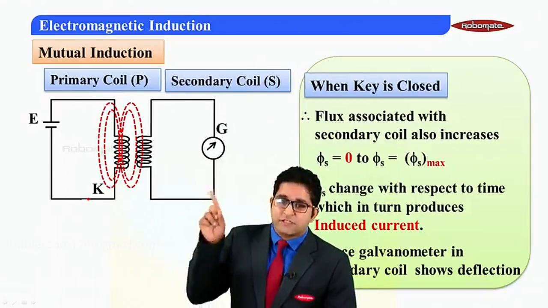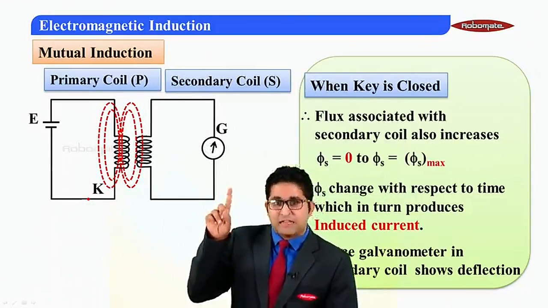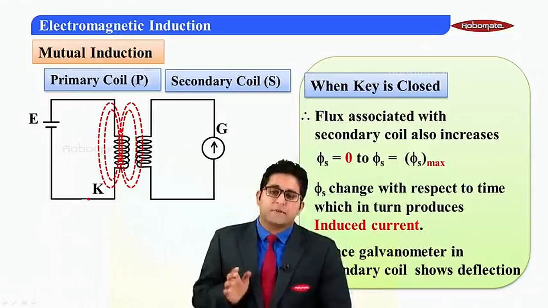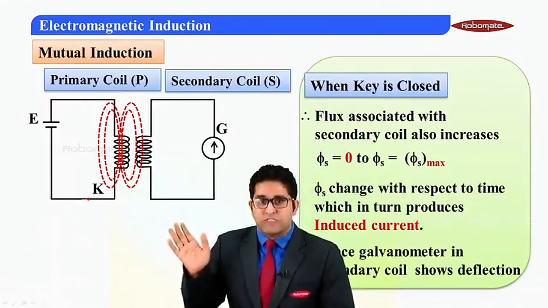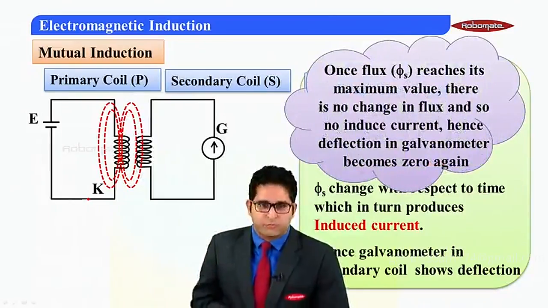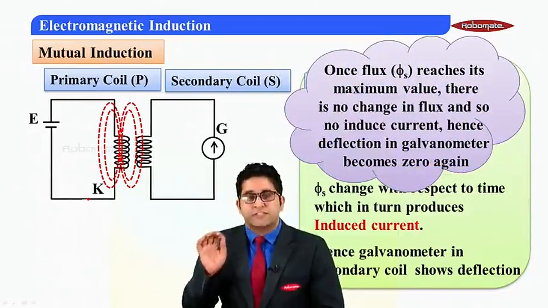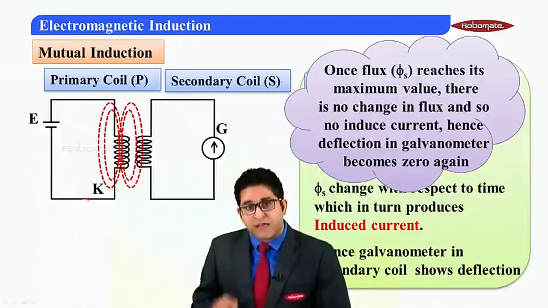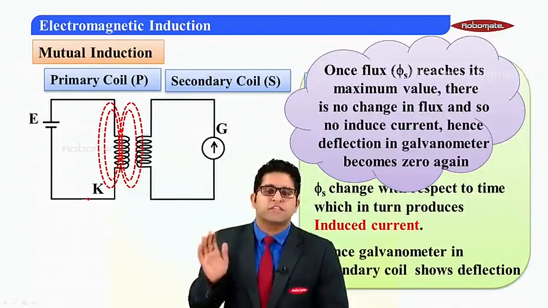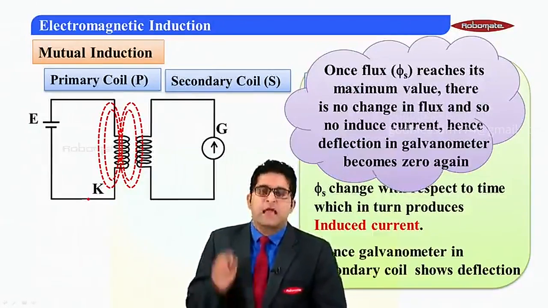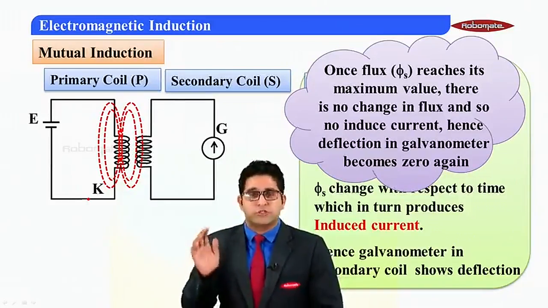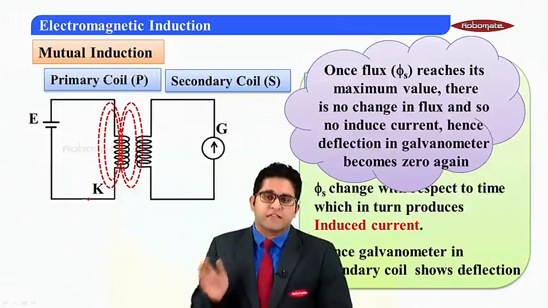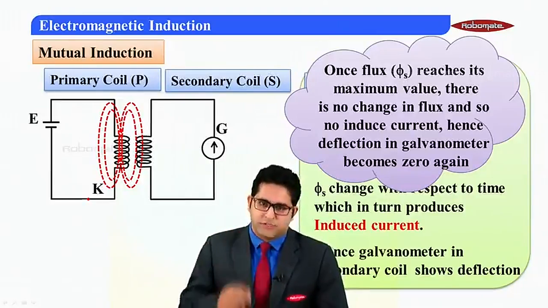And as flux is changing, this galvanometer is showing deflection, and again it is coming back to 0. Why is it coming back to 0? Because once flux phi S has reached its maximum value, there is no change in the value of flux, and as there is no change in flux, there is no induced current, and hence the deflection in galvanometer again becomes 0, right?